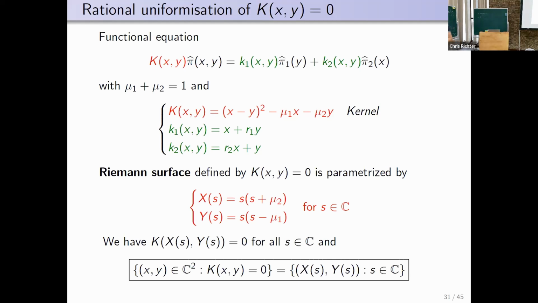It's just a reflex. Canceling the kernel gives you a Riemann surface, which is the set of points which cancel the kernel. The definition of the Riemann surface is here: just the complex points which cancel the kernel. And you can parameterize this Riemann surface really simply by this equation.